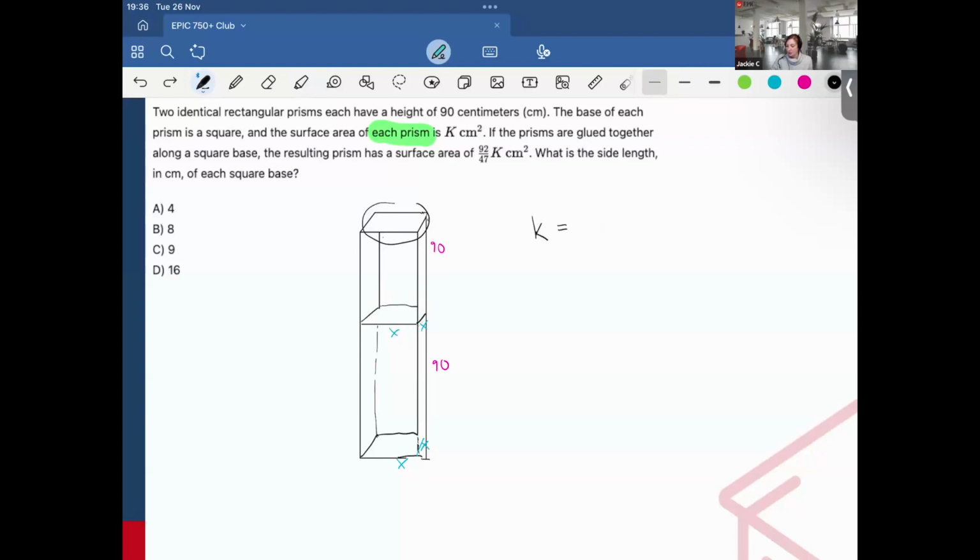Oh wait, I didn't want to keep those circles. So it's 2x squared again for the area of the two squares here.